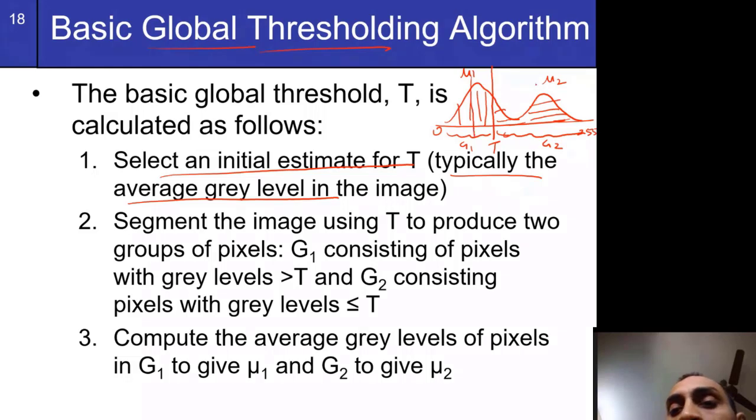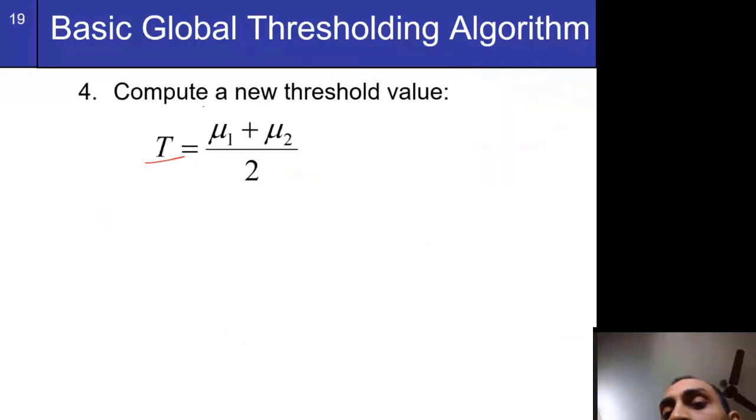So here the mean value will be somewhere here, and here the mean value may be somewhere here. If you choose the midway value, your new threshold value will move towards the actual threshold value, which is midway between these two peaks.